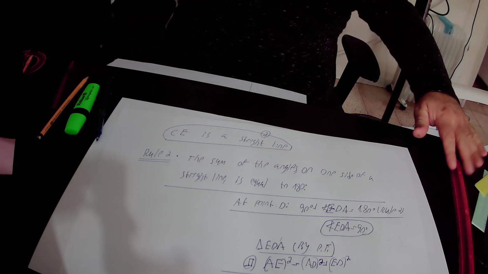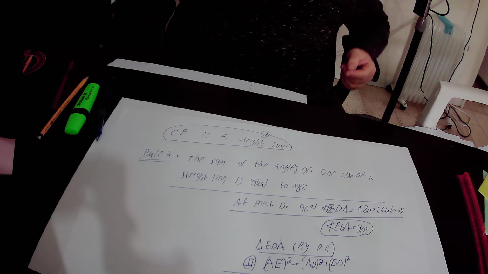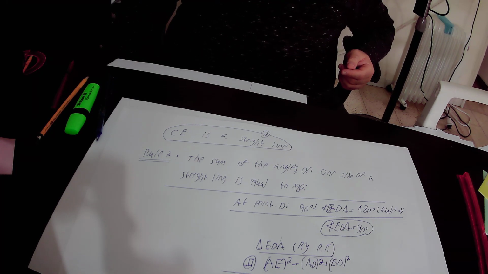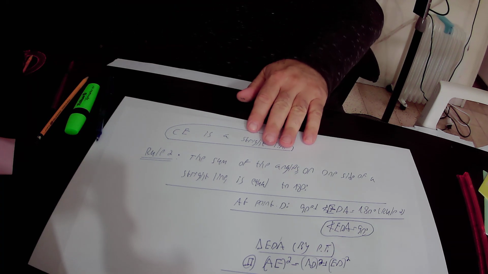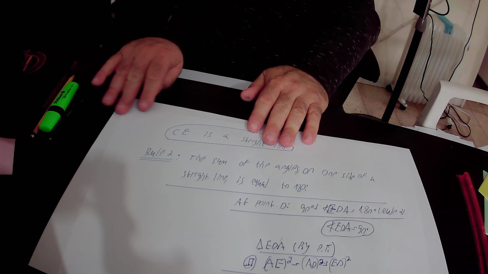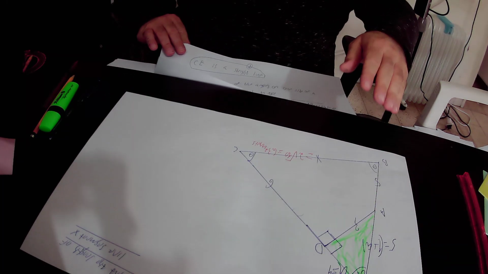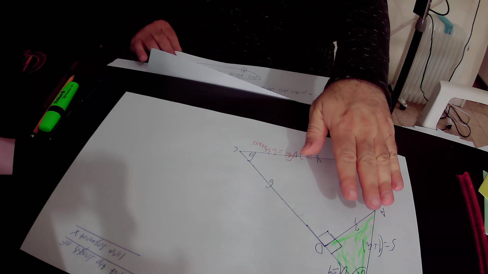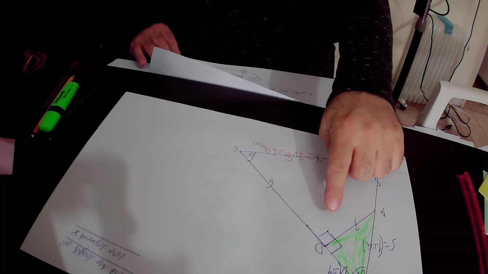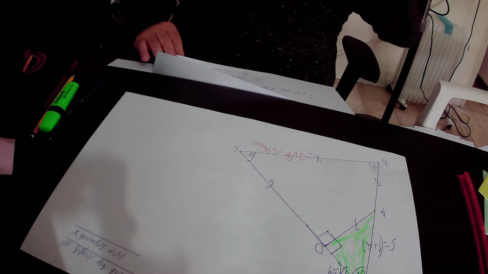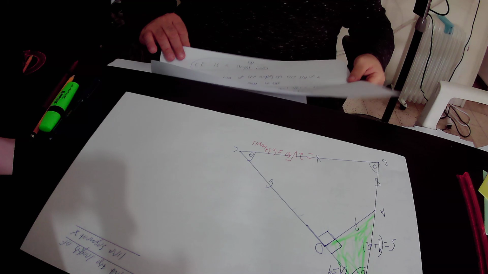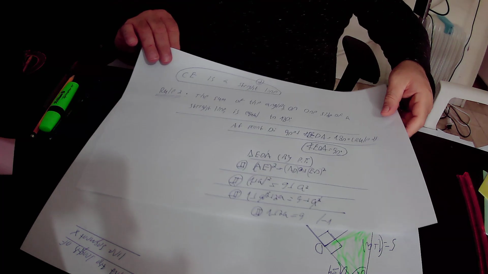Line segment CE is a straight line, and we have rule number 2, that the sum of the angles on one side of a straight line is equal to 180 degrees. So if you focus on this side of the straight line EC at point D, the sum of the angles must be equal to 180 degrees according to rule number 2.